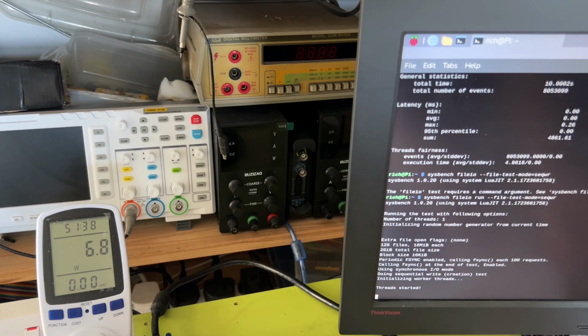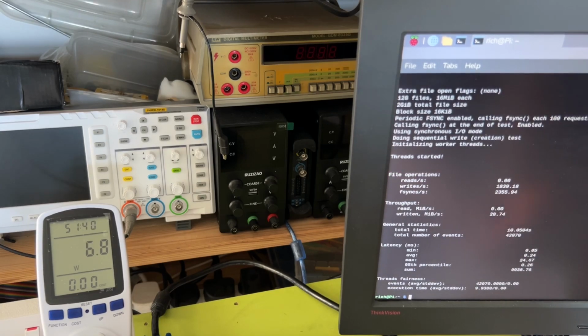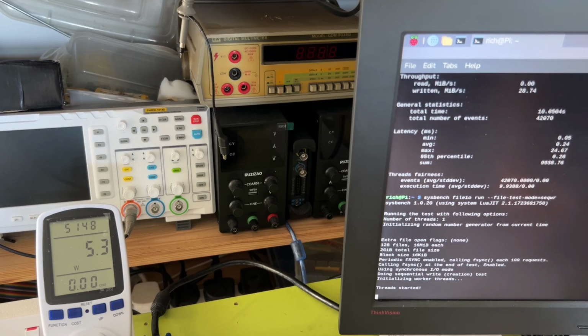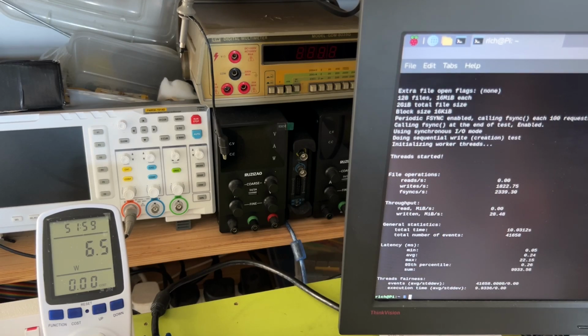So 7 was the maximum. Let's run that again. That's probably because it's using the SSD rather than the SD card, because that's how it's configured. So 7.0 is the maximum on that one, and the transfer rate is 28 a second. Okay, right, so let's do some calculations.